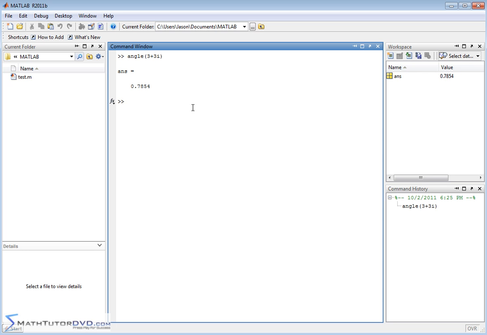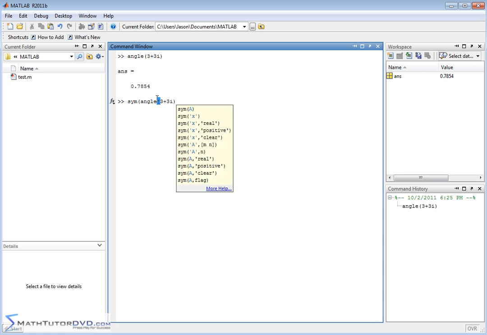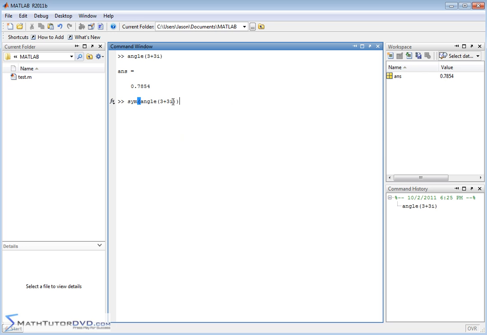Now, if you take the same calculation, but wrap it in the sym operator, which we've talked about extensively before, it's going to redo the calculation, but because it's wrapped in this, it's going to try to keep the answer exact. So when we do it again, it's pi over 4.